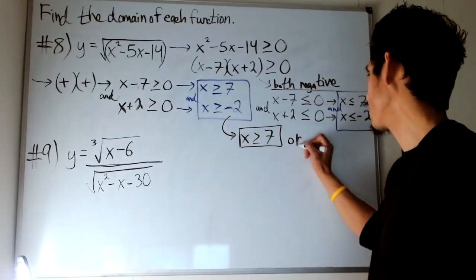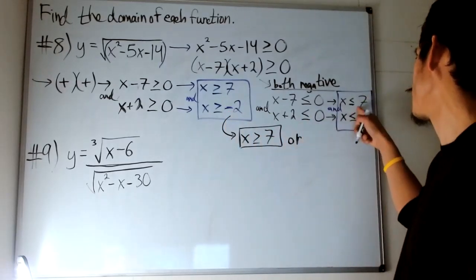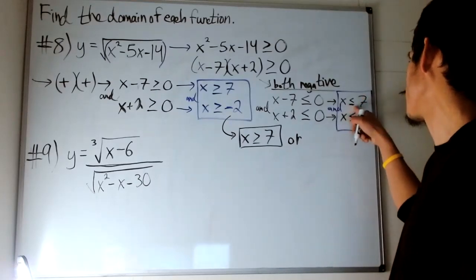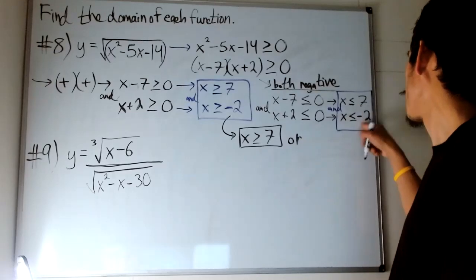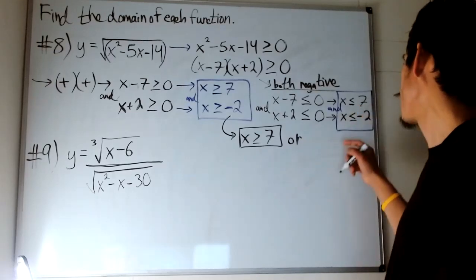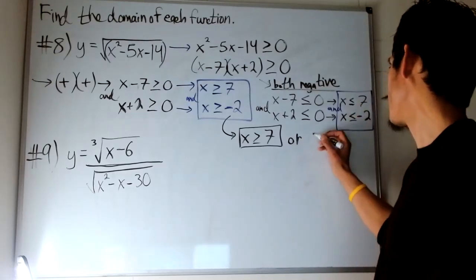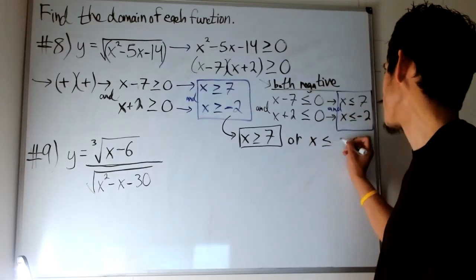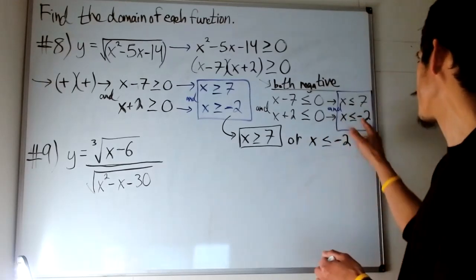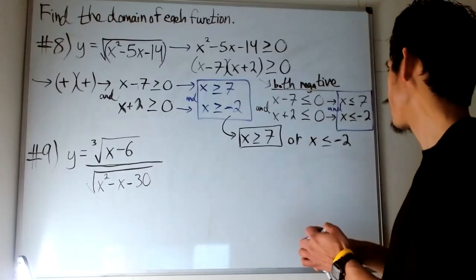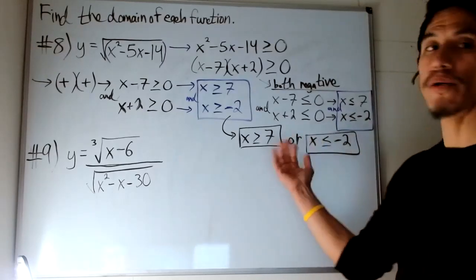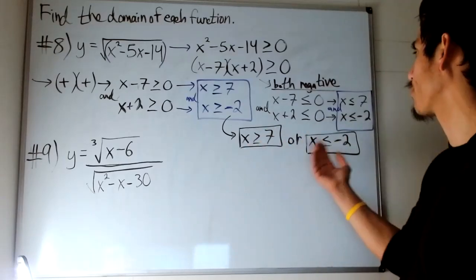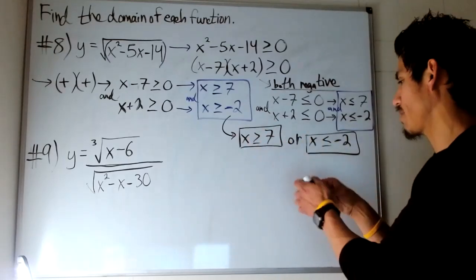But in this case, we're going to go with "or" now, because the other case would be that x has to be less than or equal to 7, and it has to be less than or equal to negative 2. And the only way for it to be less than or equal to each of them would be that x has to be less than or equal to negative 2. The reason we say "or" is because they're going to be on opposite sides of the number line when we draw them.